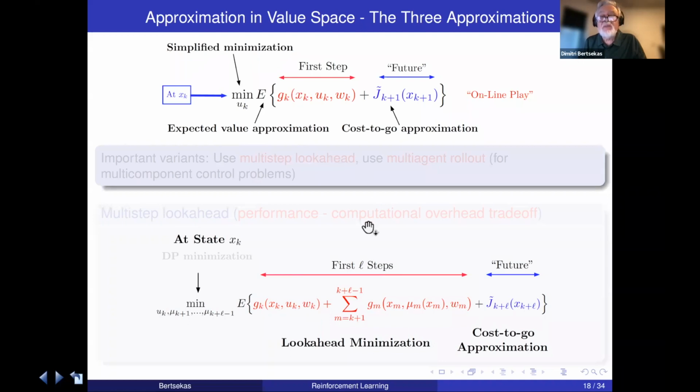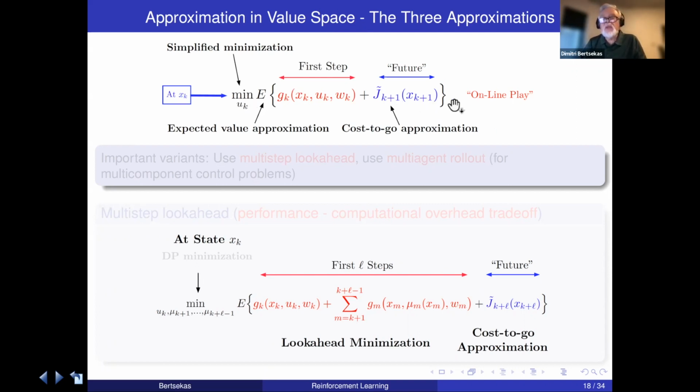This is a busy figure, but an important one. It outlines the approximation in value space framework, where we replace the J stars with J tildes, okay? And when we land at a particular state, we do this minimization online, and we go forward to the next state.